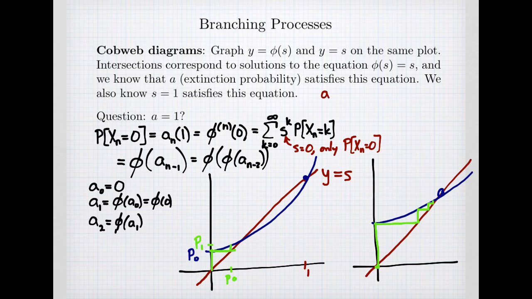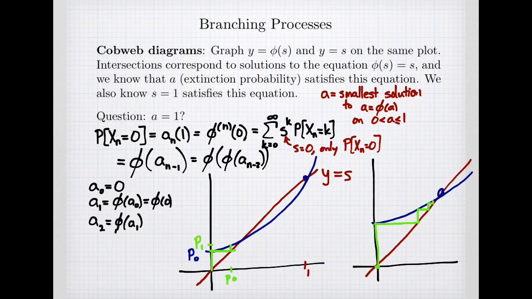A is the smallest solution to A equals phi of A, between 0 and 1, maybe equal to 1.